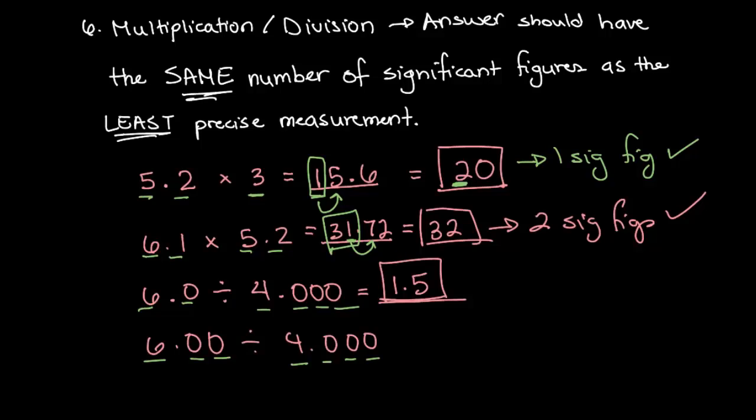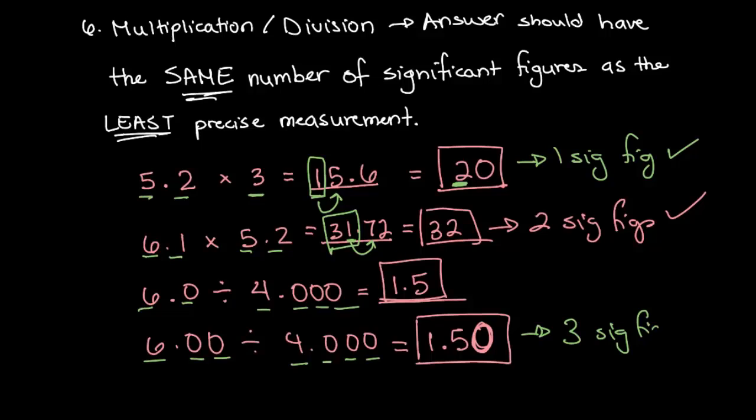We would have to write it to 3 significant figures, and we would get 1.5 exactly, but then we would have to add that 0 at the end to make it have 3 sig figs, the same number of significant figures as the least precise measurement, which would be 1.50.